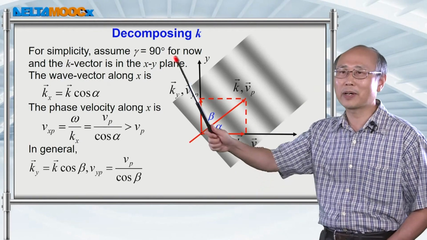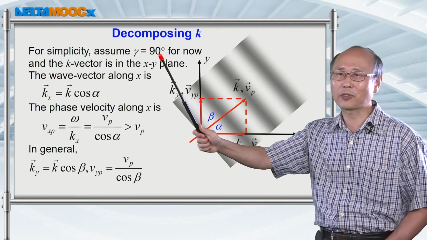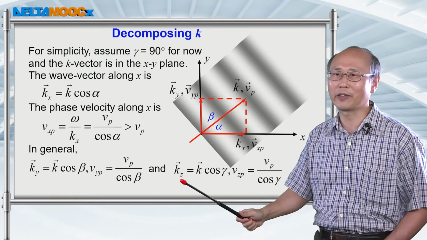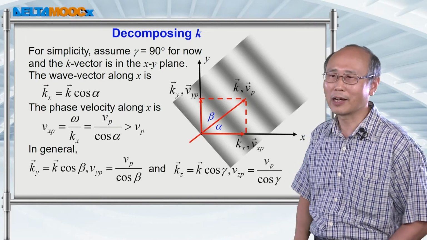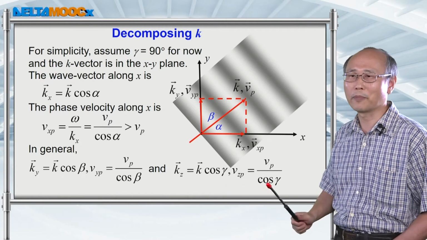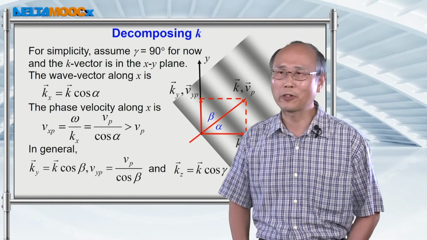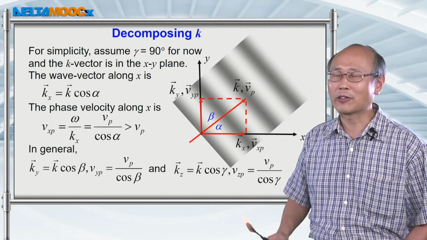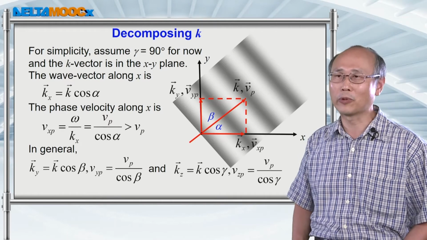And if this gamma is not 90 degrees, it can be some arbitrary value. Then you can also calculate the phase velocity along the z direction, and it can also be larger than the value of Vp. So a short conclusion is that you can calculate the phase velocities along any direction of the wave.